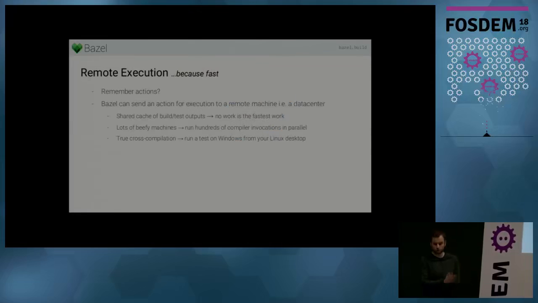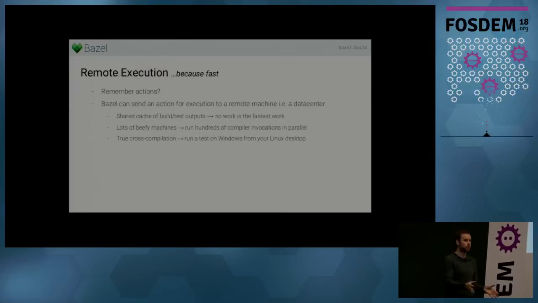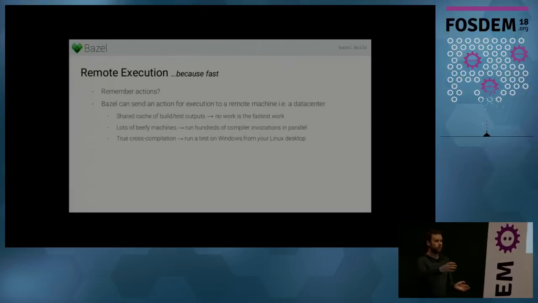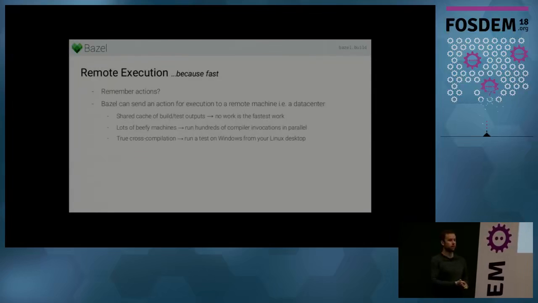And then the next thing that Bazel can do is remote execution. So remember, an action contains all the information to create a build output. So Bazel can also send this action to a remote execution system running in a data center in the cloud. And then this remote execution system can execute this action in the data center and send the outputs back to Bazel.